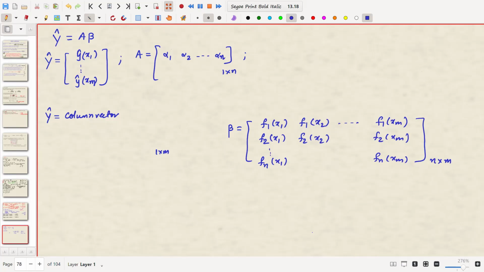Ah, that's the mistake we were making. Yes. So A times beta. So A is not this one. A is this, beta is this. I think we named it incorrectly.